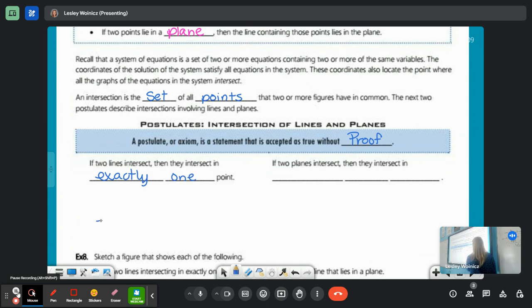Okay, we're going to draw a picture. Let's call it point P. All right, get your planes.